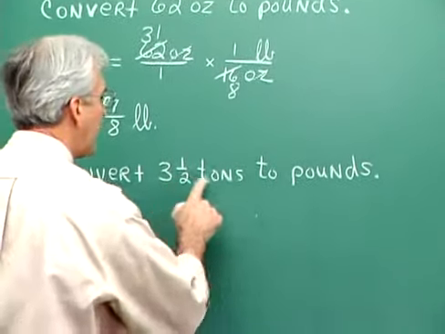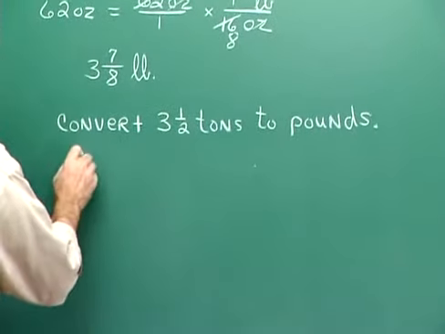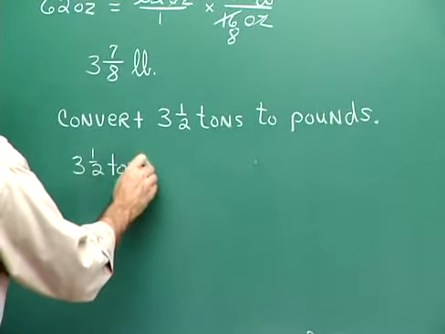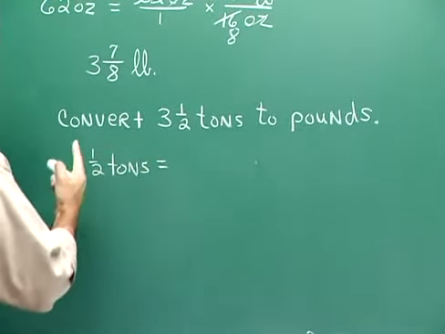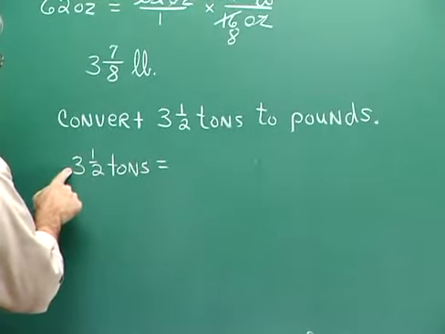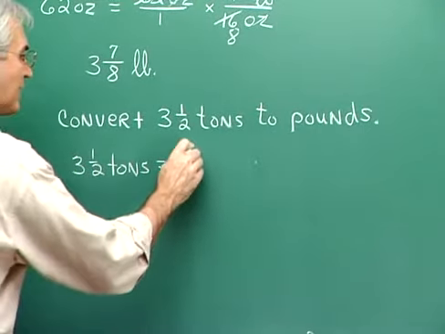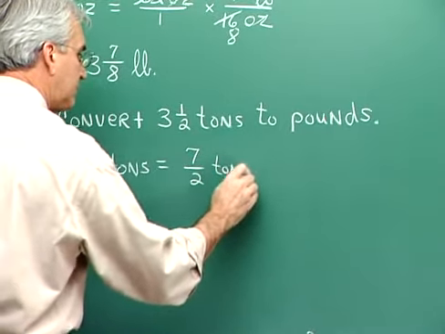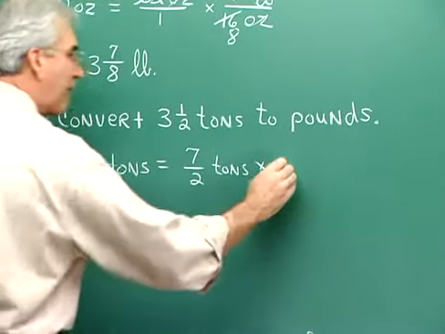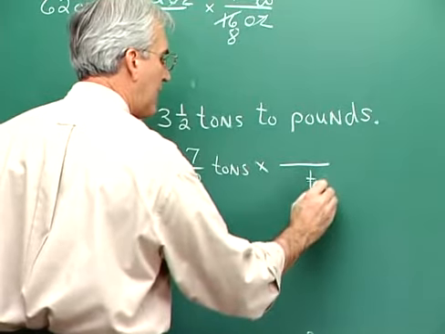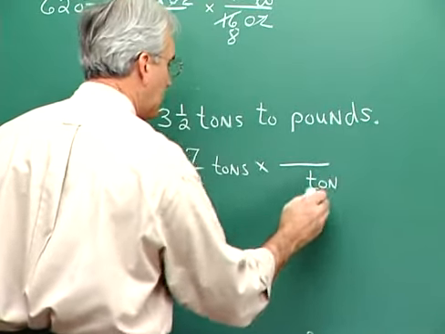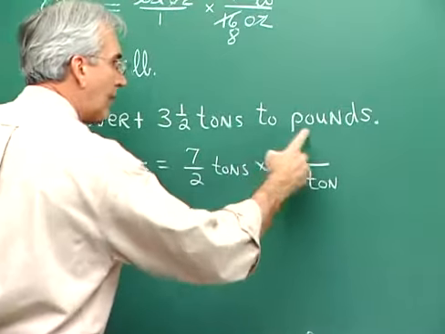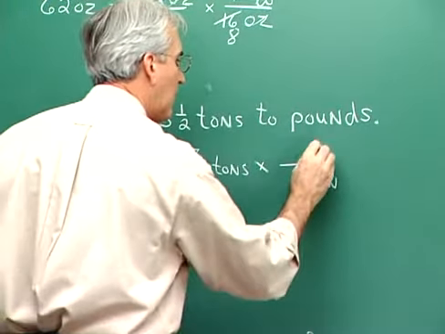Let's convert 3.5 tons to pounds. Then we think of 3.5 tons as, make this an improper fraction, 7/2 tons times a fraction in which the denominator is the ton idea, you see, and the numerator is some number of pounds.